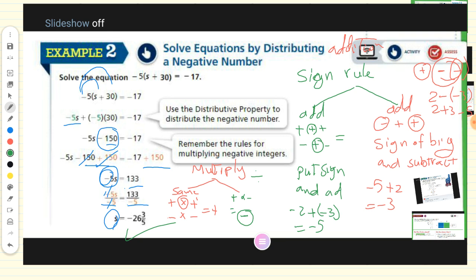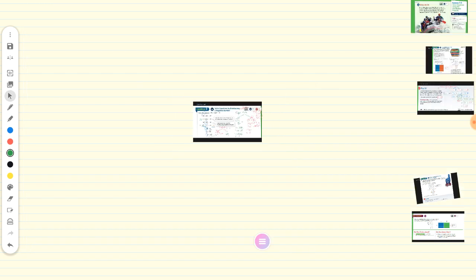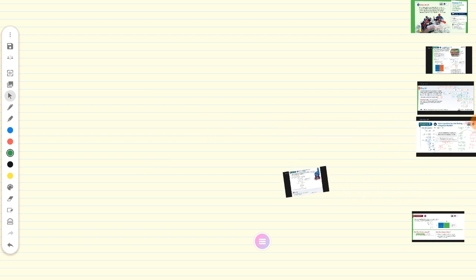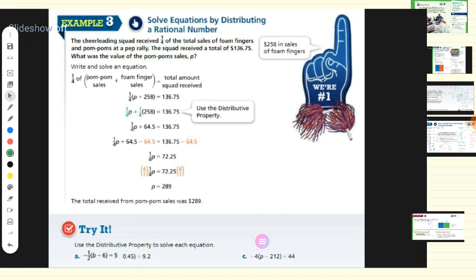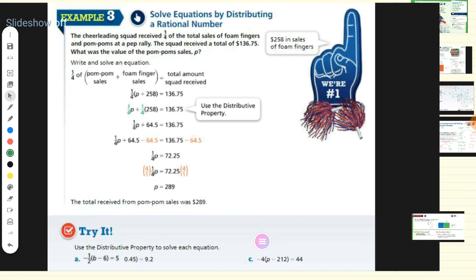Okay. Let's solve another. What about if I have decimal numbers or fractions? Can we solve it? Yes, it's the same. We'll use the same approach, so I will distribute the fraction. It will be 1 over 4 b, or a quarter b, plus a quarter times 258.